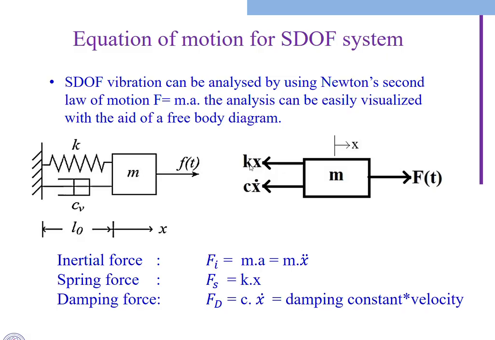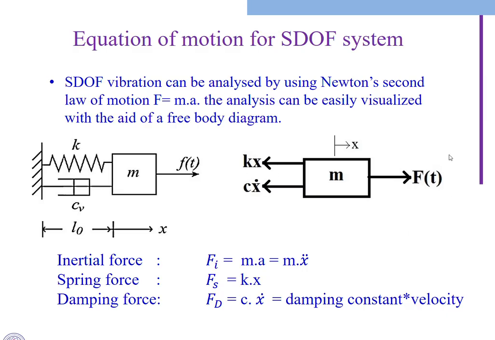We can see the relation between stiffness and displacement: force is nothing but stiffness times displacement. Similarly, the dashpot and velocity. These two parameters will resist the force which is applied over this particular body.